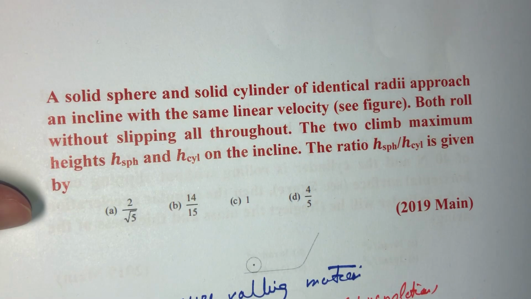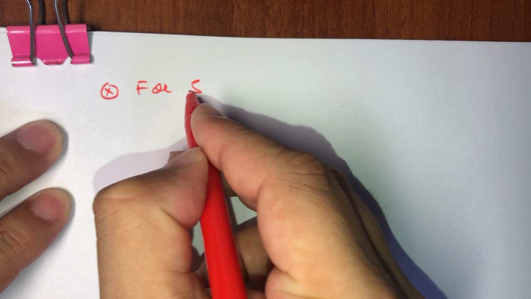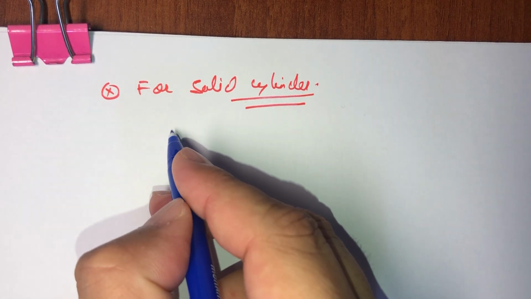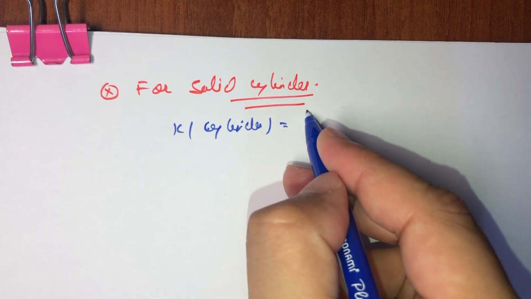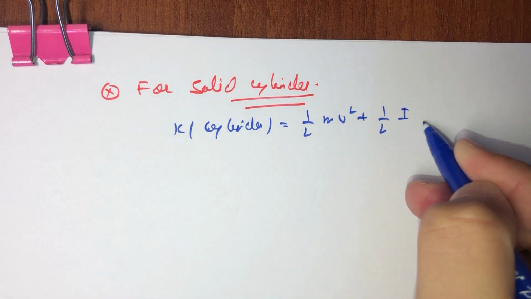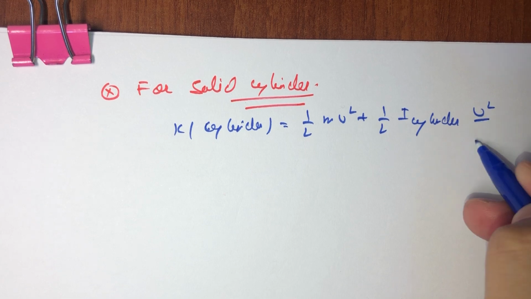And similarly, we are going to write it for the solid cylinder also. So for the solid cylinder, its kinetic energy will be equal to half mv squared plus half moment of inertia for the cylinder times v squared upon r squared.